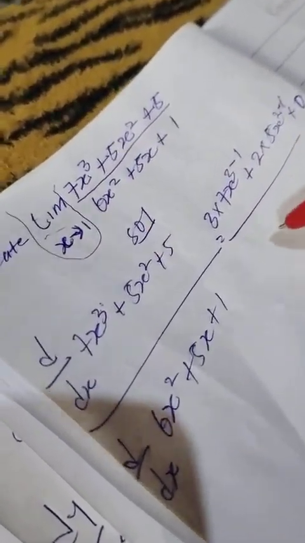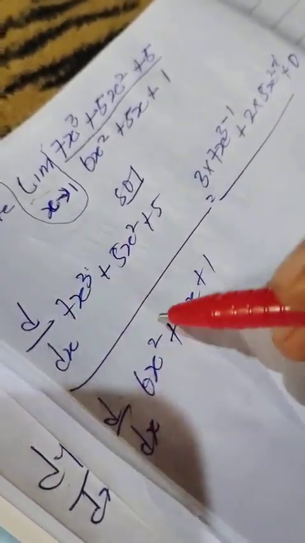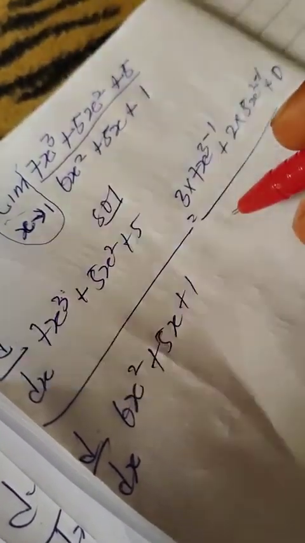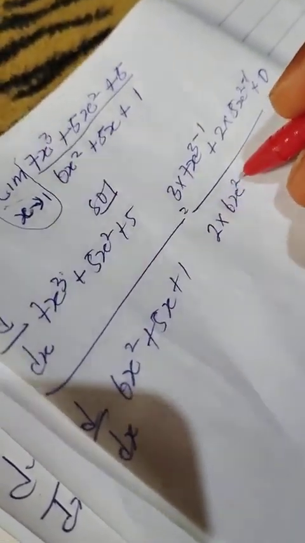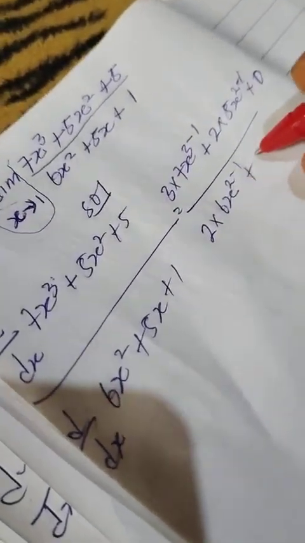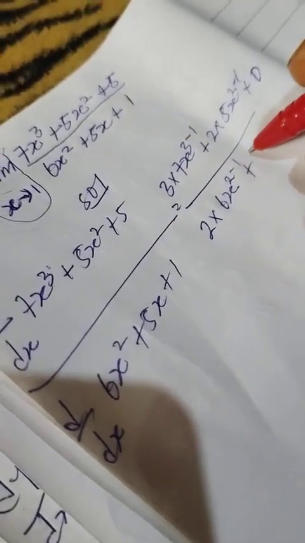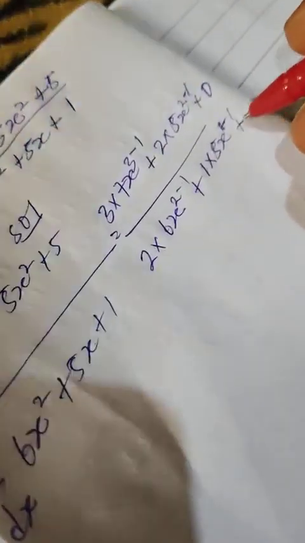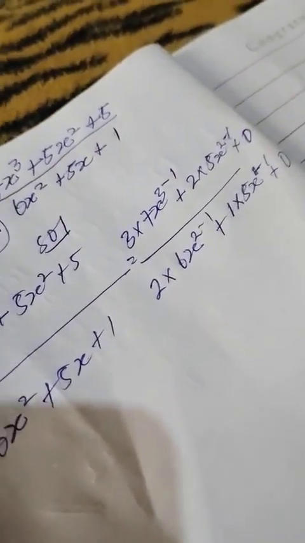All over, we differentiate the down one, the same procedure is applicable here: 2 times 6x to the power 2 minus 1, plus, the power here is 1, so 1 times 5x to the power 1 minus 1. And we differentiate the constant again, we're going to have it to be what? 0.